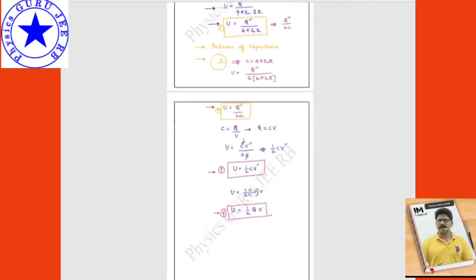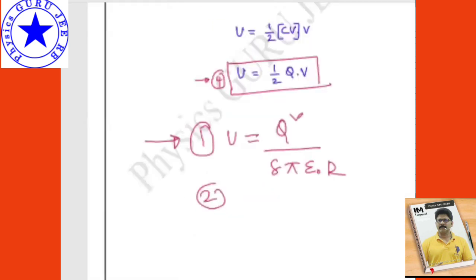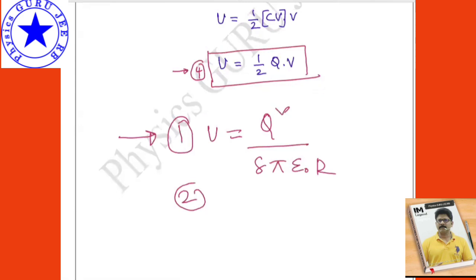First one, number 1, I'll write U is equal to Q square divided by 8 pi epsilon naught into R. And the second equation, number 2. So it is becoming very big, so let me clear this one.